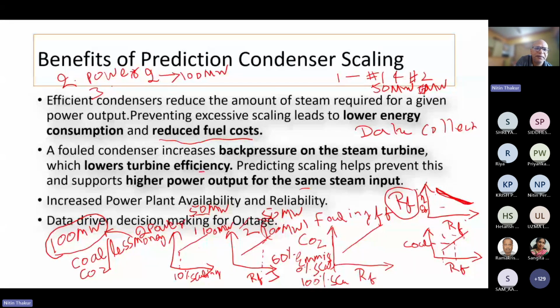Option 3, run power plant 1 at 100 megawatt. What do you think, if you are the top level manager to make these decisions, which option would you go for? Can you give me an answer?